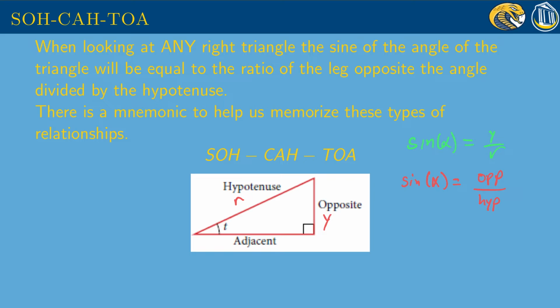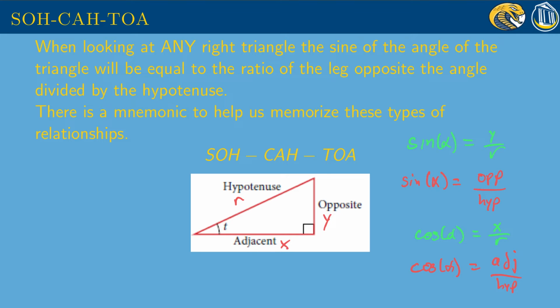Similarly, if we know that cosine was defined as x over r, we know that the x-coordinate of this angle is just the length of the adjacent side. And so we could write a new formula that says cosine of alpha equals adjacent divided by hypotenuse.